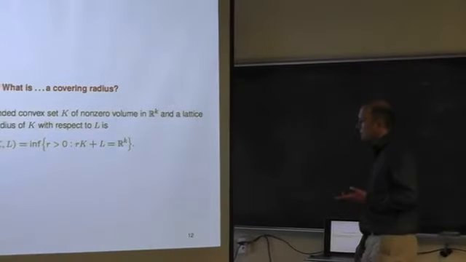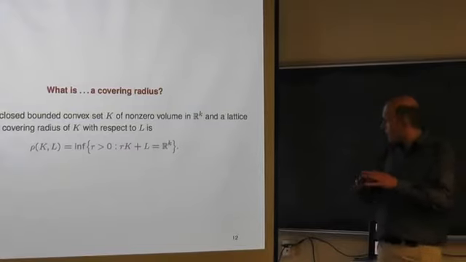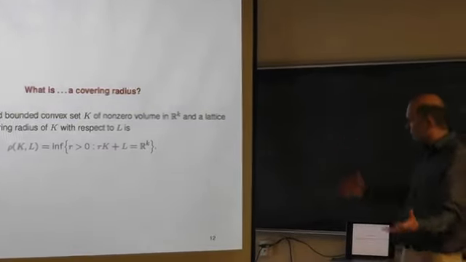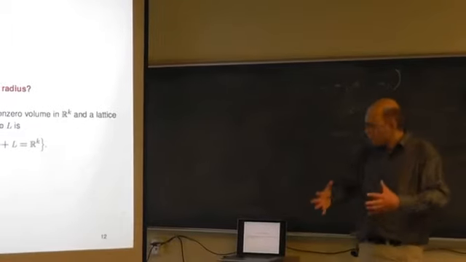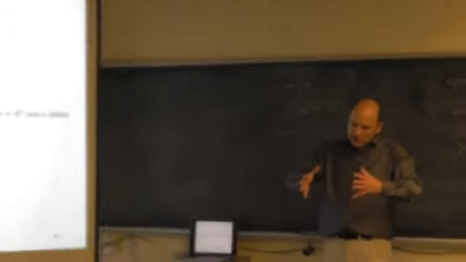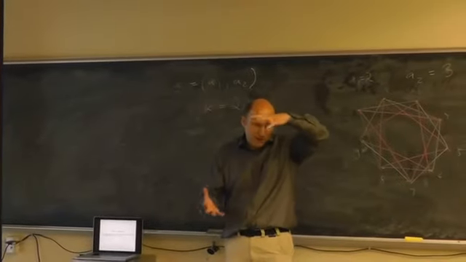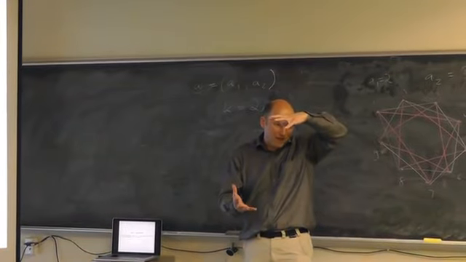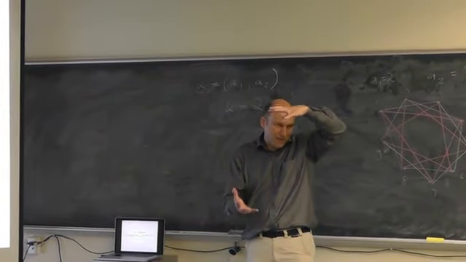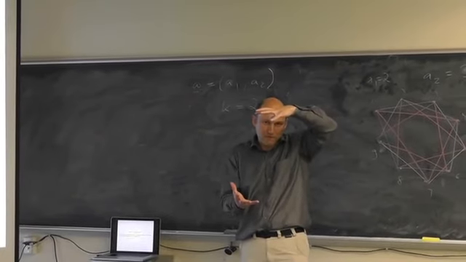You take some convex set K, and the covering radius is the smallest dilation factor that you need so that the translates of this expanded or shrunk set K cover all of R^k.